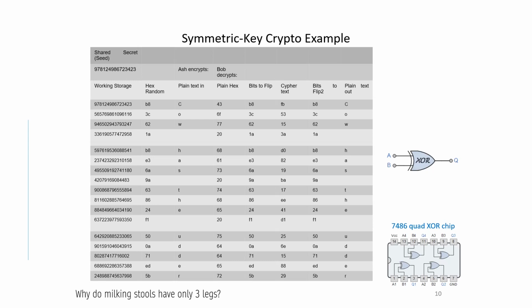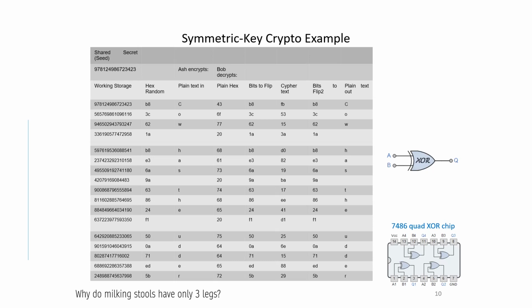This is the pseudo random number in hex. The plain text that we want to encrypt is going to be capital C, which, as it turns out, is in hex 43. I'm going to flip the bits that are the B8 bits on that first row that starts with 97. That makes ciphertext of FB.